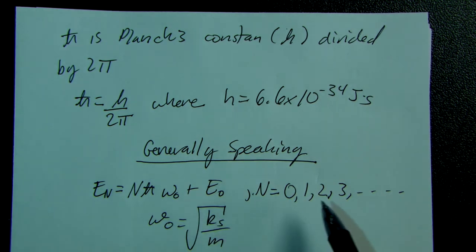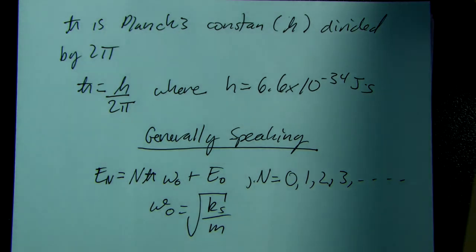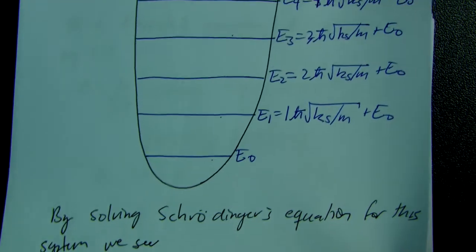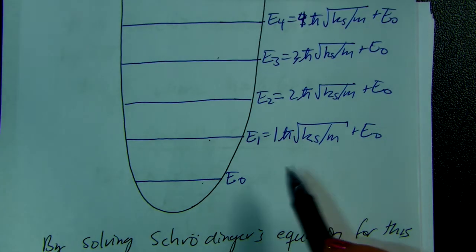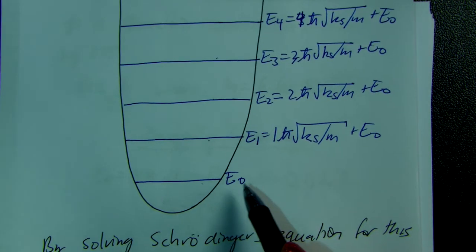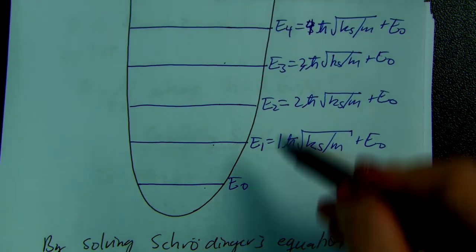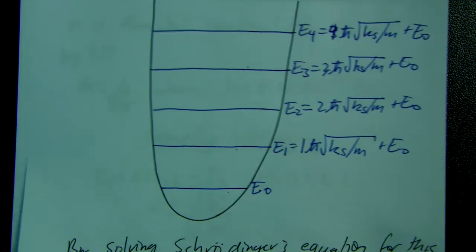So note, this starts at 0 instead of 1, unlike the electronic energy levels. So we can see this here, that when n is equal to 0, then you just have your ground state, and then it increments up, so on and so forth.